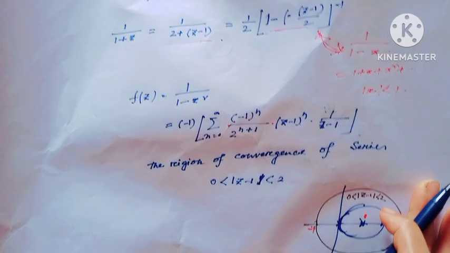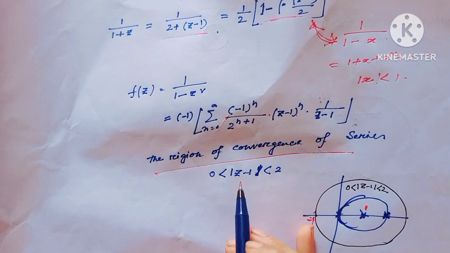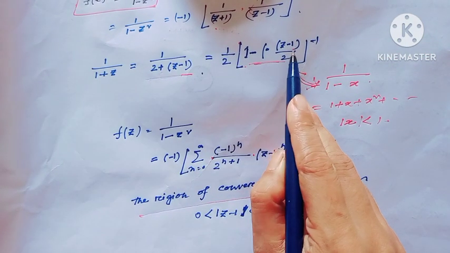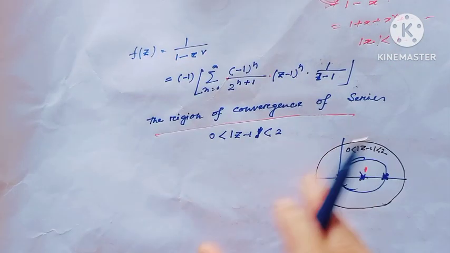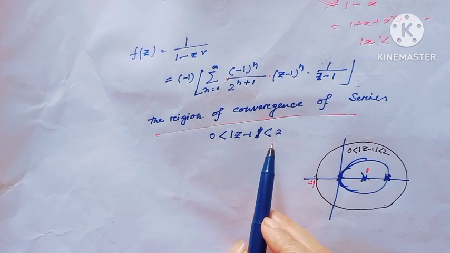The region of convergence of the series is modulus of (z minus 1) over 2 less than 1, so this value would be greater than 0 and less than 2.